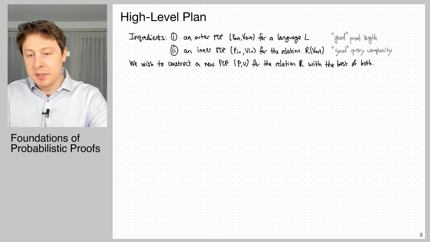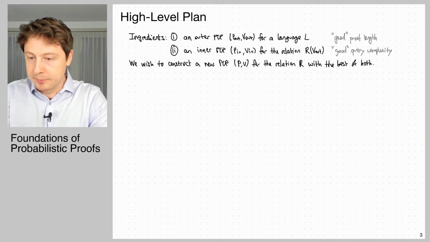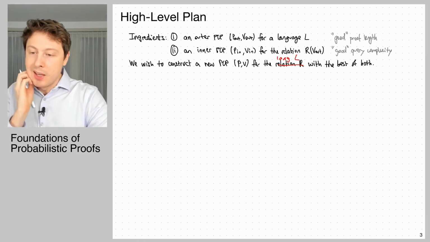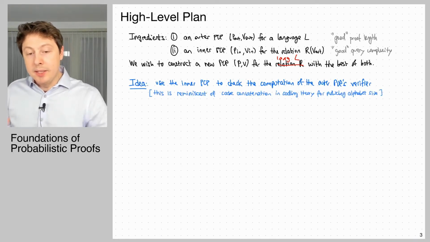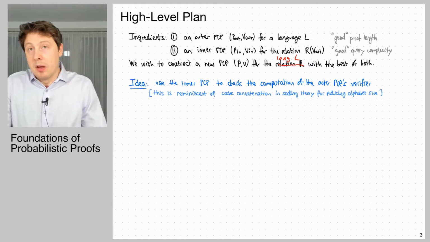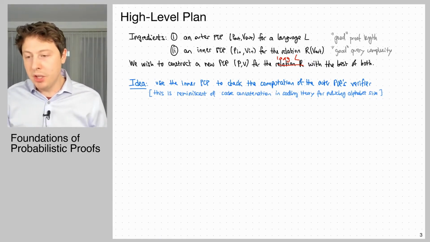We wish to construct a new PCP, the composed PCP, for the language L, that has the best of both. Now, the idea is, roughly speaking, to use the inner PCP to check the computation of the outer PCP's verifier.